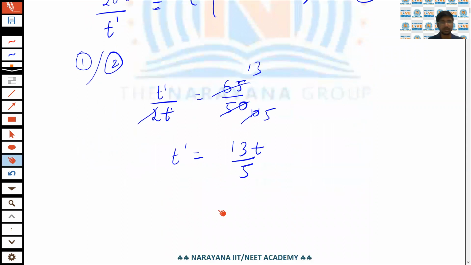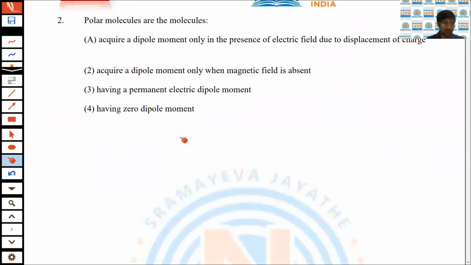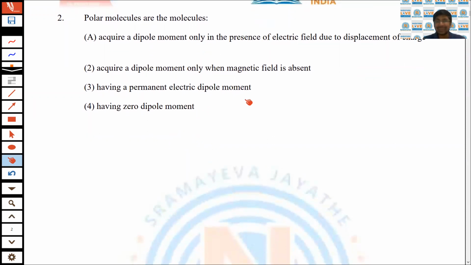Now let's come to the second question. Polar molecules are the molecules which have a permanent electric dipole moment. Let's take HCl as an example. Chlorine has more electronegativity than hydrogen, so the shared electron pair is shifted towards the chlorine, which creates a negative delta sign on chlorine and a positive delta sign on the hydrogen atom.